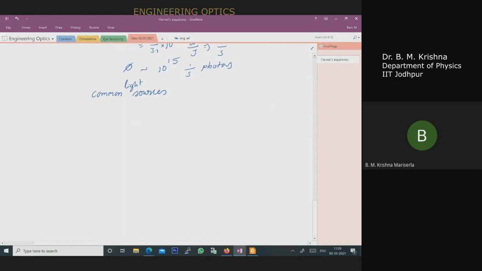In the common light sources, for example, if you take a laser, I'm taking an example of a helium neon laser, which is a gas laser, where a combination of helium and neon is the active medium.